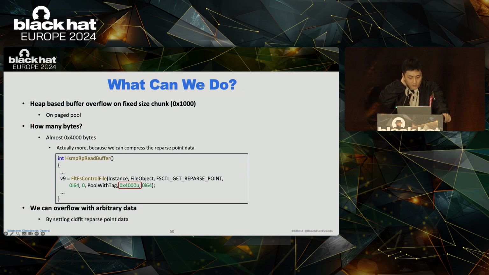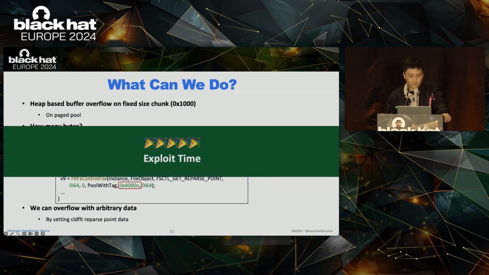While more data can be stored due to compression format, hex 4000 bytes is more than sufficient for our exploit. Since reparse point data can store arbitrary data, we can fully control the overflowed content. Now, we know the potential. Let's explore how we use these conditions to build a reliable exploit.